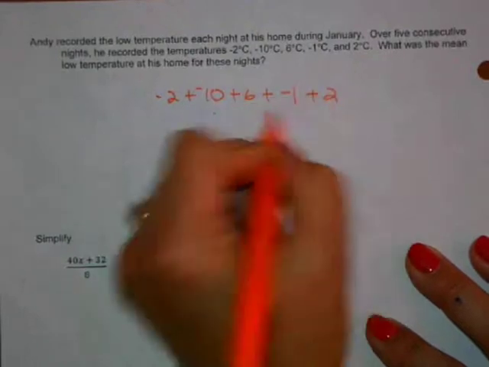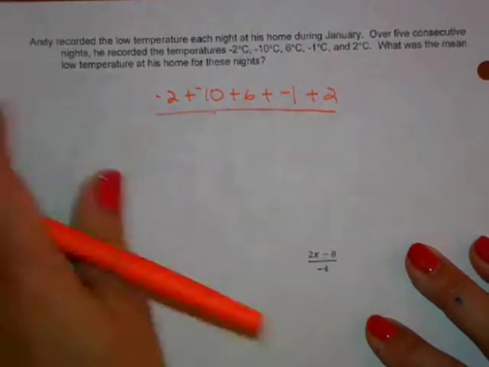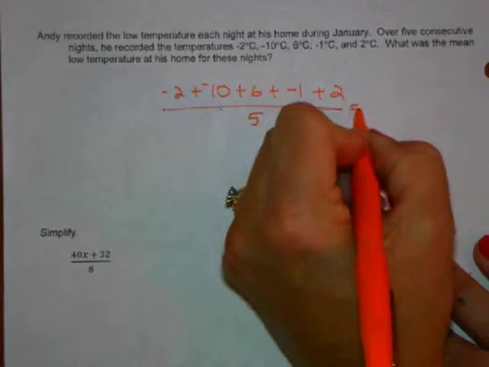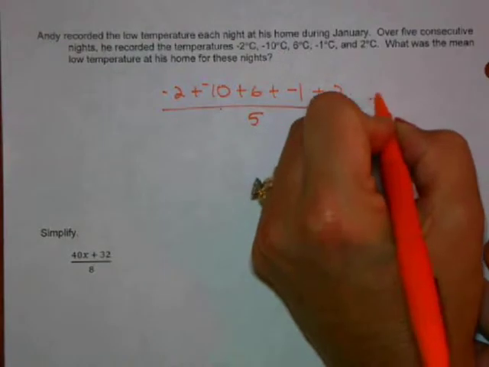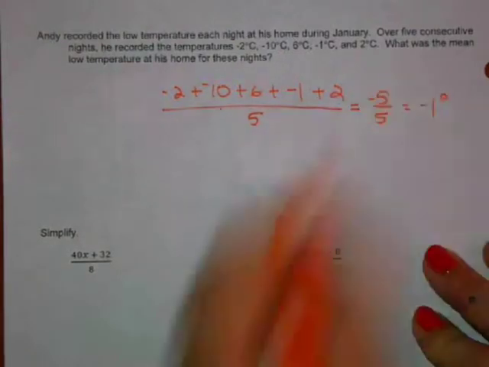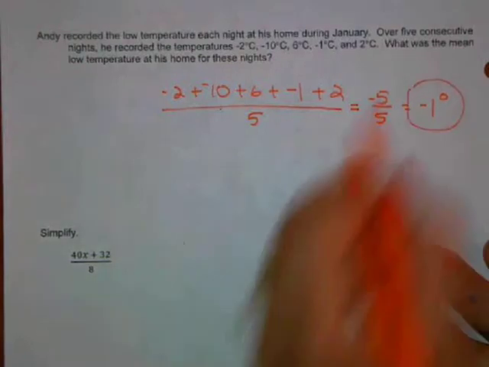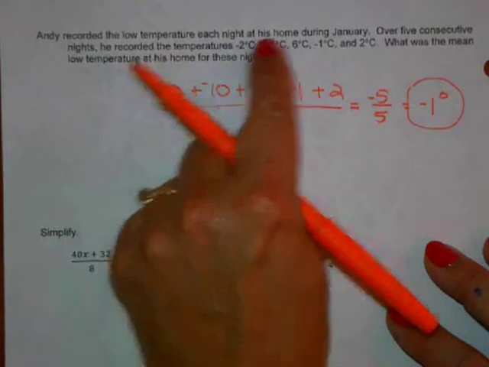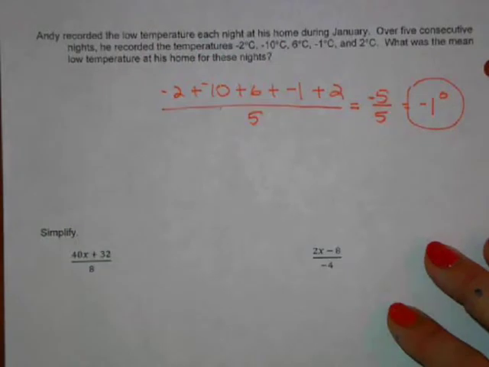And to find the average, what do you have to do? Exactly, divide by how many there are. And I'm just going to do this quickly because we're running out of time. Equals -1 degree. I guess the house must be freezing. Outside. I would assume they're talking outside. That would be pretty cold.